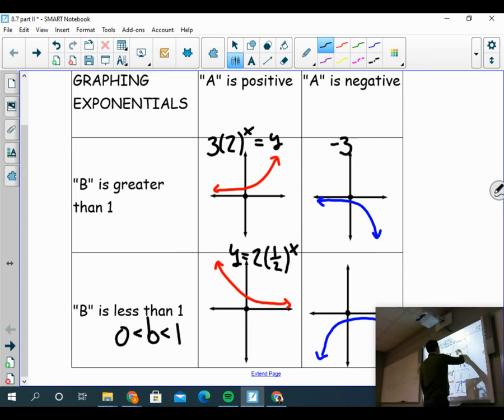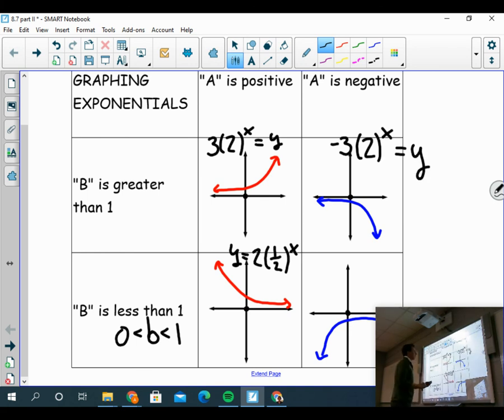An example of this would be negative 3 times 2 to the x. Because our b value is bigger than 1, we still have that characteristic that when x is negative, we approach the x-axis, but as x grows and becomes positive, we shoot downwards in this case. The y values take off and change dramatically, but instead of shooting upward, we go downward.